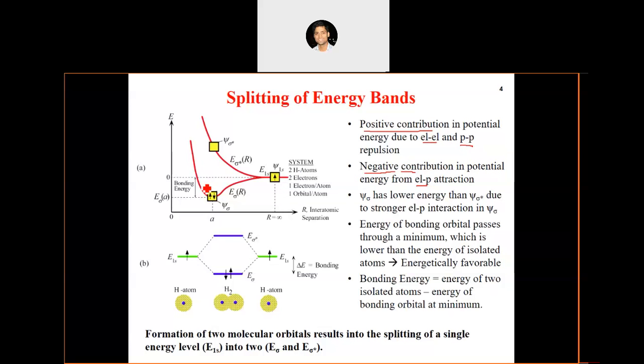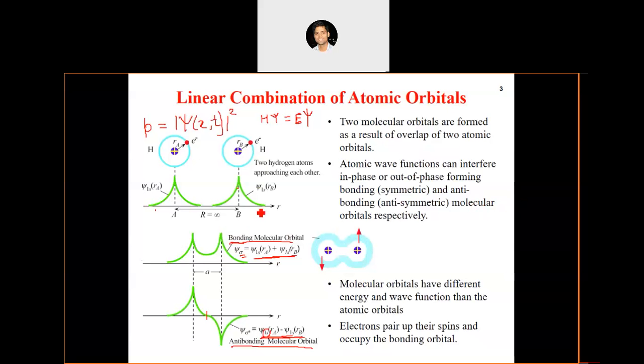What happens in case of bonding molecular orbital is that this negative interaction, which is coming from electron and proton interaction, is stronger in comparison to anti-bonding molecular orbital. Why? You can see from this picture here, right? Because the electron density is highest here at the center, and when the electron density is higher at the center, it will have better interaction with the nucleus, with both the protons.